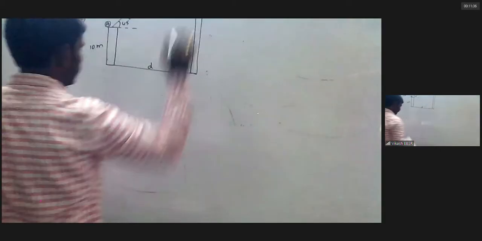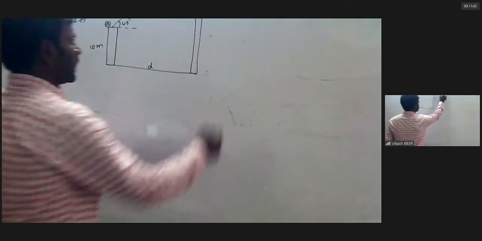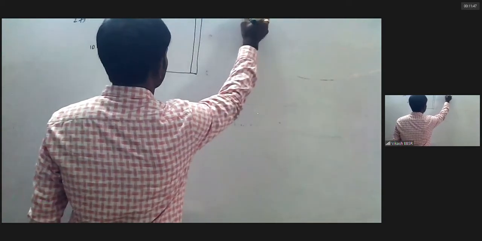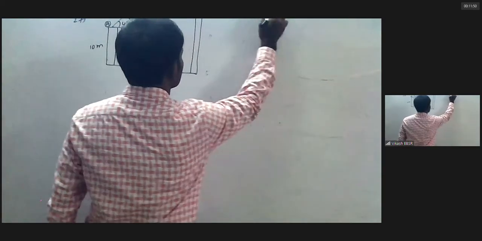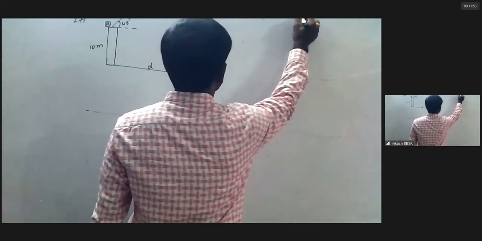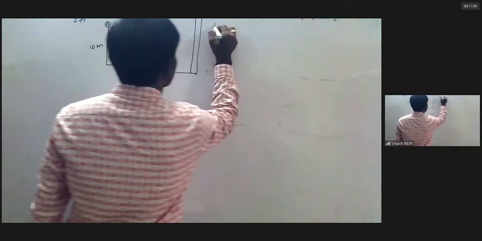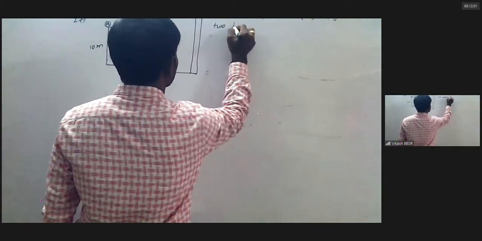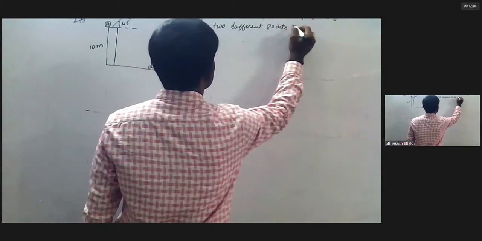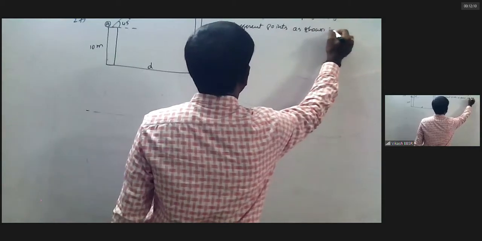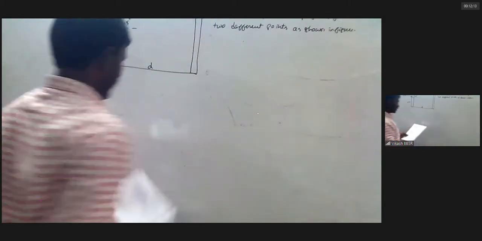the particle A, this is the particle B. If both particles, means two particles A and B, are projected from two different points as shown in the figure. I don't write everything, just as shown in the figure.